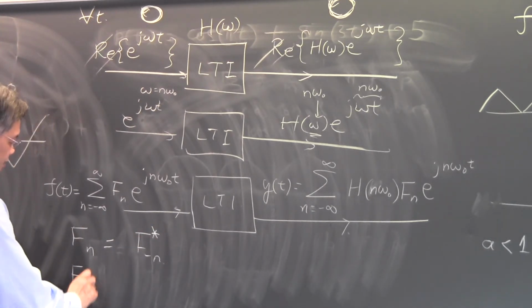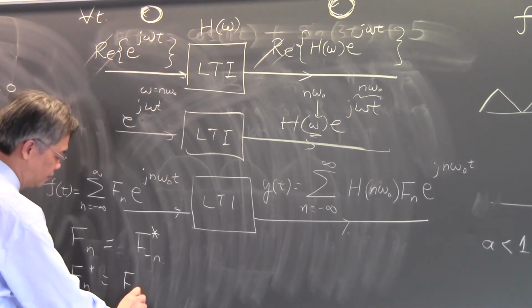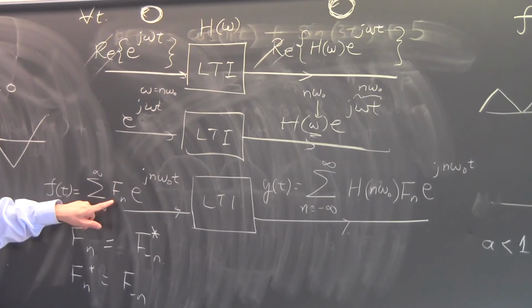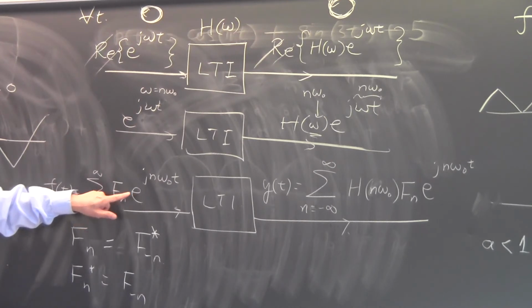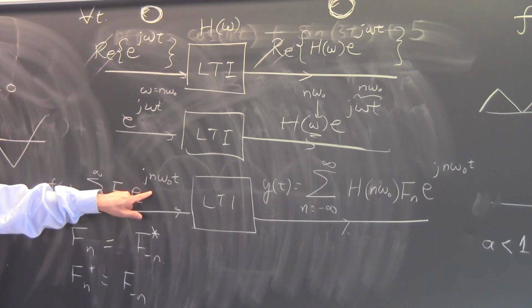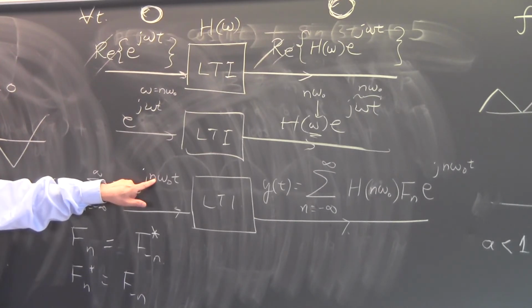Okay, you can also write it this way if you want. The reason is, if this is real, every complex number that you find in this series has to have a conjugate pair. If this is something like this, its conjugate pair would be minus n, right?